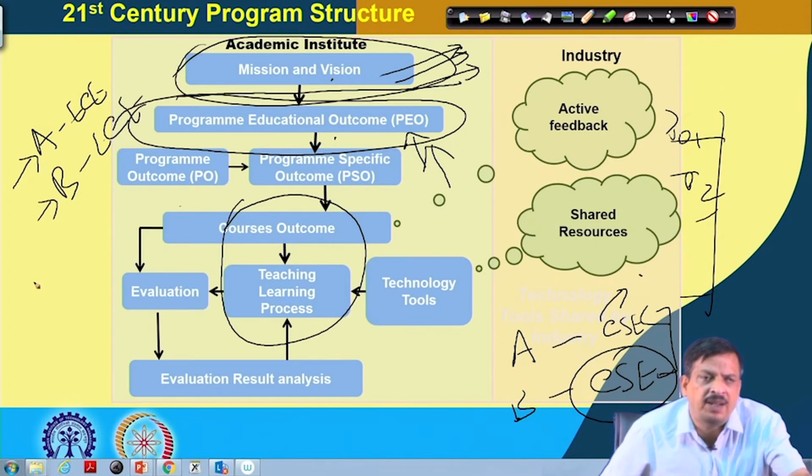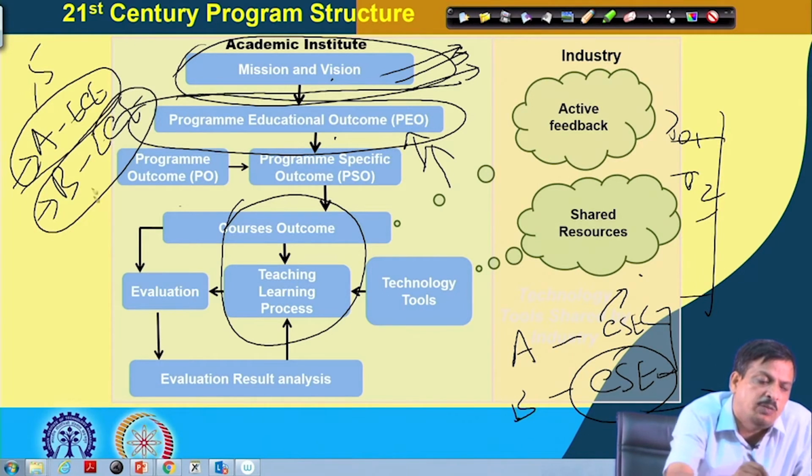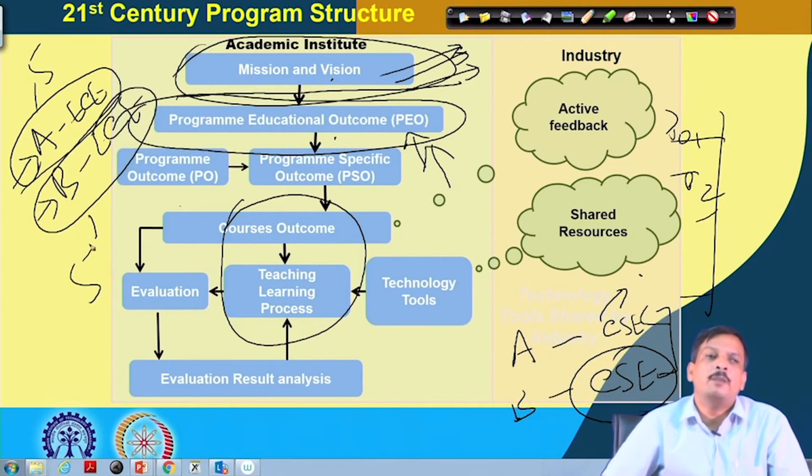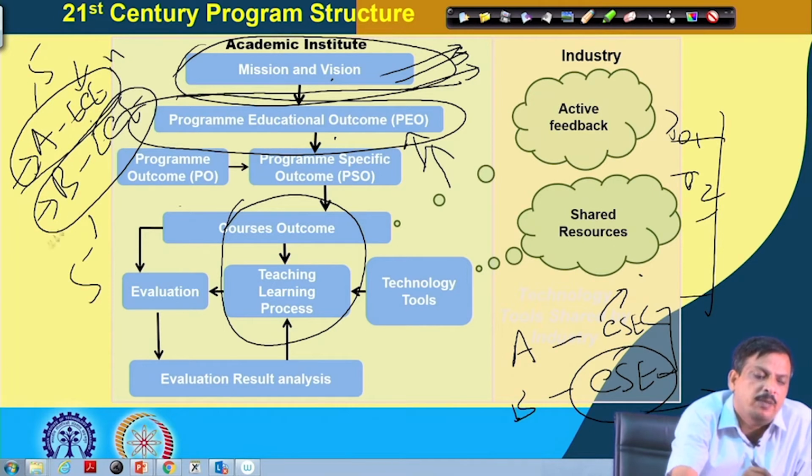The program specific outcome of institute A ECE also follows the 5 domain dependent PO, and the program specific outcome of institute B ECE also follows the 5 domain dependent PO, but they never correspond one to one. Why? Because institute A ECE may be very good in microwave, institute B ECE may be very good in VLSI design.